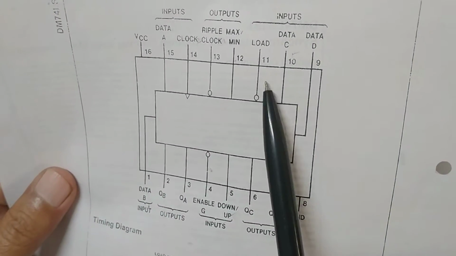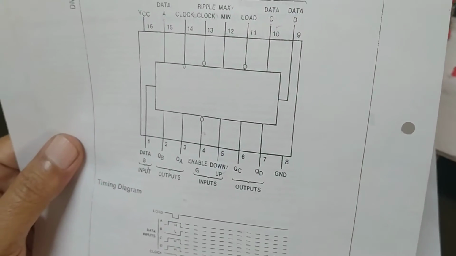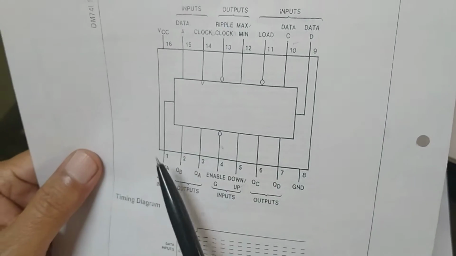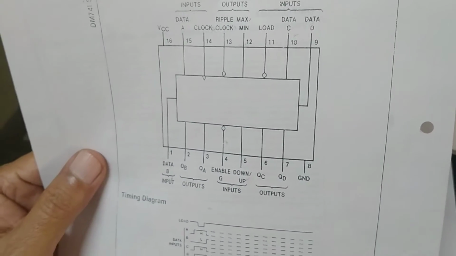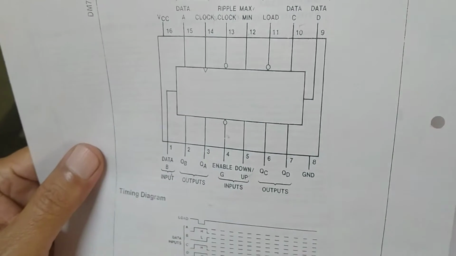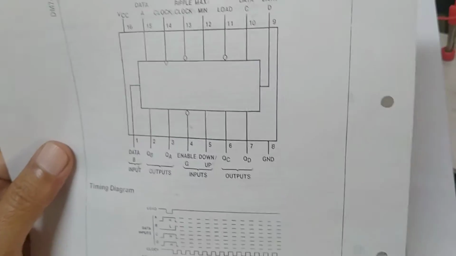Pin 11 is the load terminal, the parallel load terminal. These are the pins of the 74191 IC. Using this pin diagram, we can implement this experiment on the breadboard.